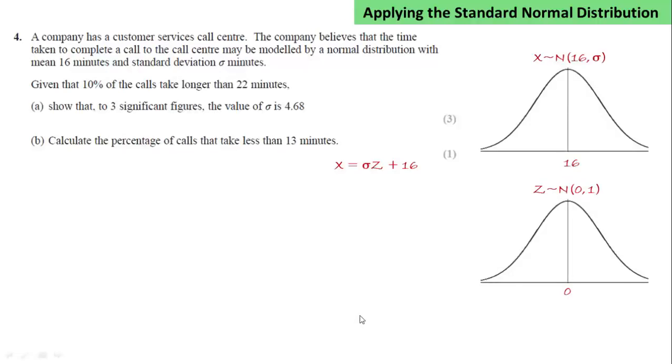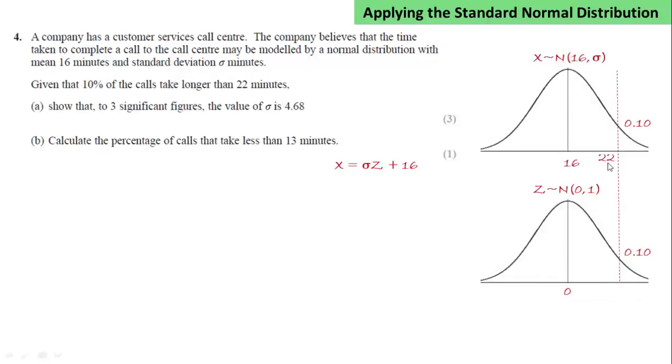The recipe or the formulation I prefer says that x is going to be sigma times z. When we multiply z by sigma, we spread out the values, and so we get a standard deviation of sigma. And then I add 16, I add the mean to shift it along to the position where x is. So next, I add in, I know 10% of the calls take longer than 22 minutes.